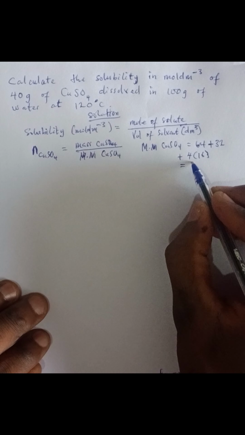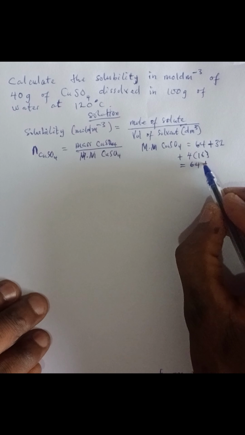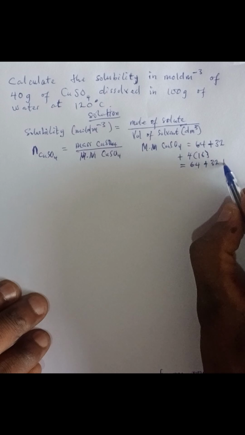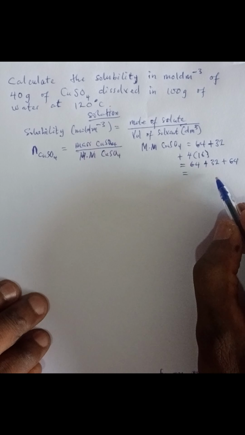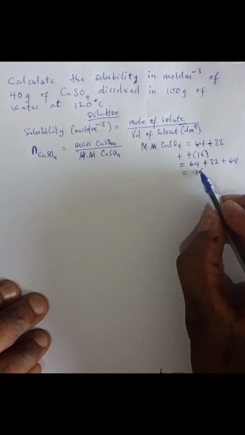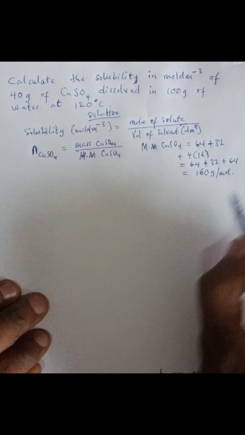So everything is 64 plus 32 plus 64. And what is that? That is 160 grams per mole.